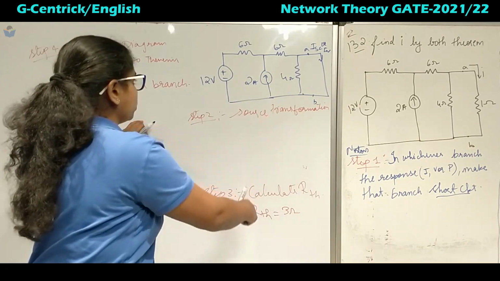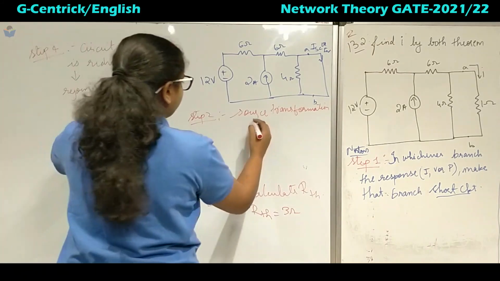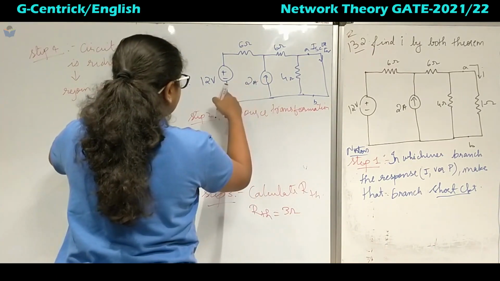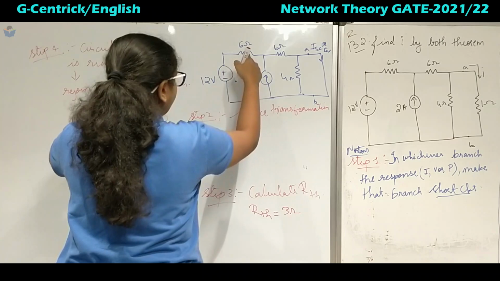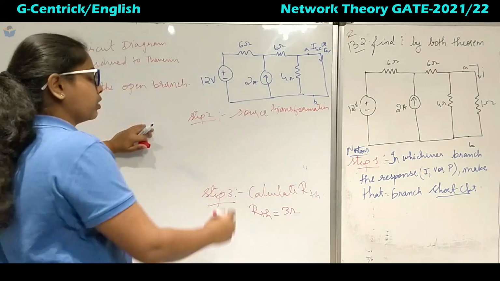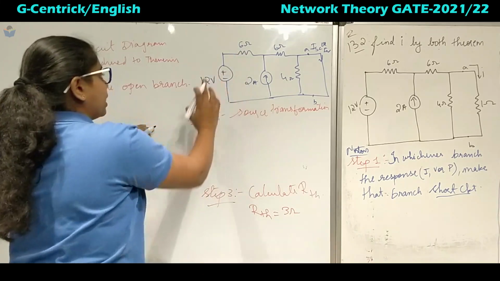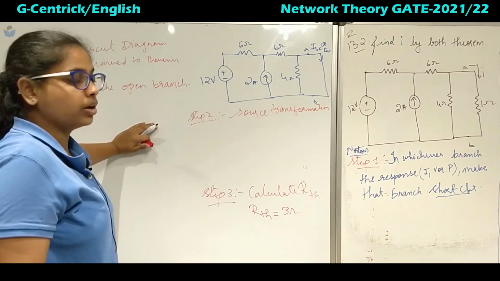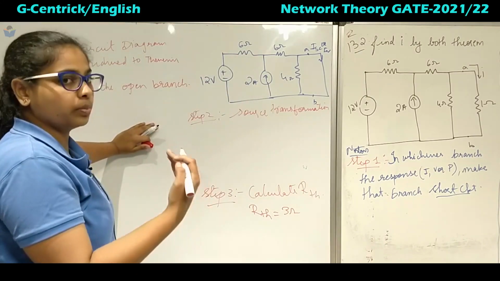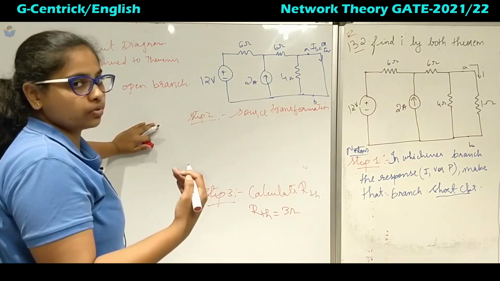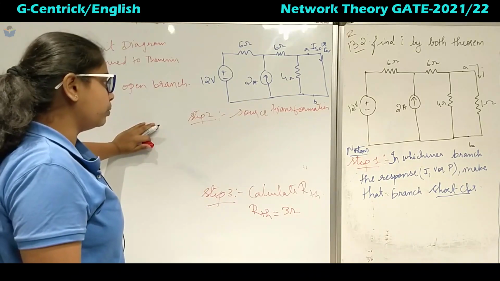So source transformation, what we have to do? We will change this voltage source and this 6 ohm resistor. The 6 ohm will come in parallel with the current source that we replace with the help of source transformation.